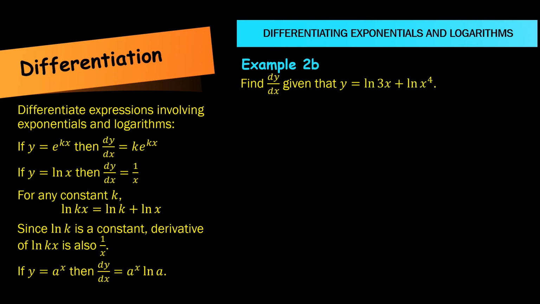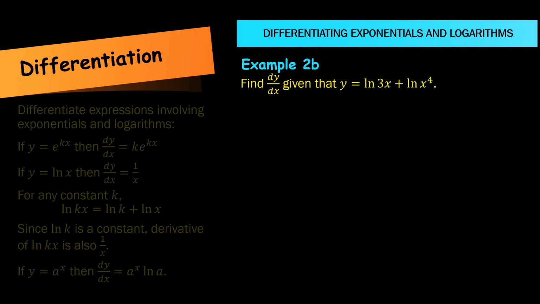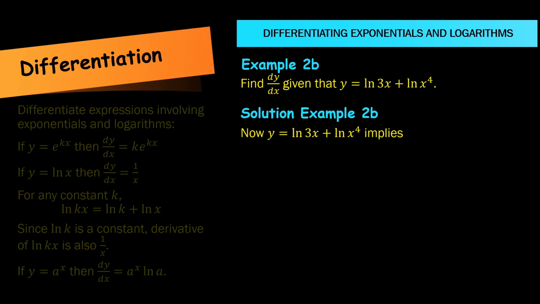Now let's consider part B. We are required to find dy dx given that y equals ln 3x plus ln x to the power 4. So let's solve this. The first term of y now becomes ln 3 plus ln x by the laws of logarithms.